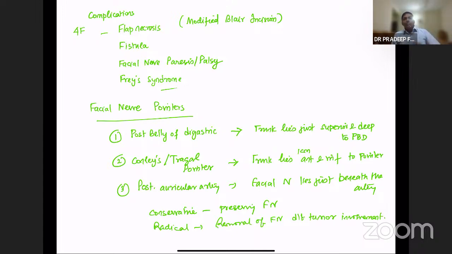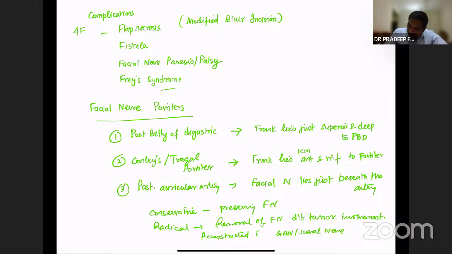The amount of facial nerve trunk that has been removed can be reconstructed with a cable nerve graft. The commonly used nerve grafts are the greater auricular nerve as well as the sural nerve. So the facial nerve is reconstructed with greater auricular nerve or sural nerve.